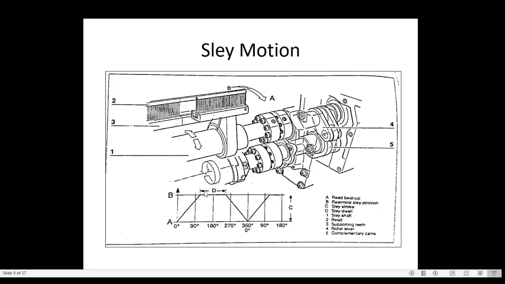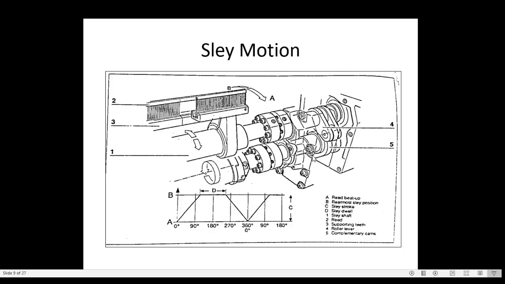So dwell in the sleigh we can bring by selecting what type of cams? Two match cams. So a match cam is having that dwell of 120 degrees. So when we change the cams, the D part or dwell part can be changed. But while purchasing the machine, the D part is fixed and the cams of that dwell are fixed.